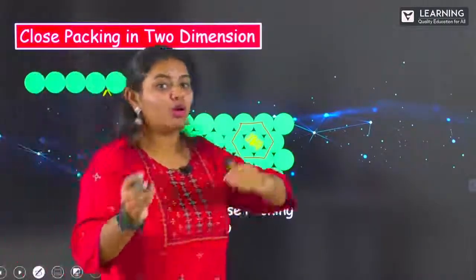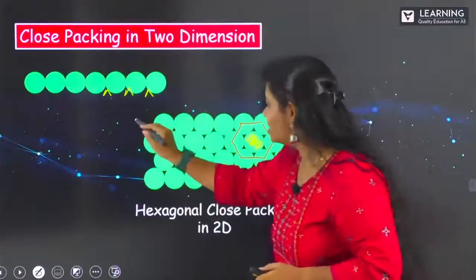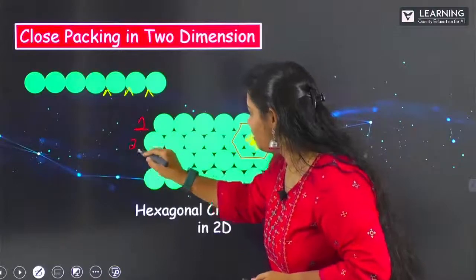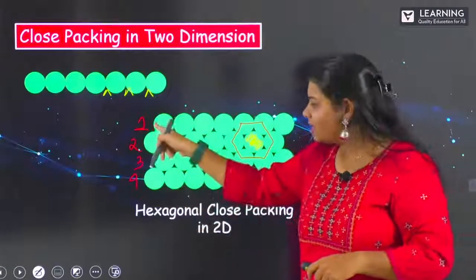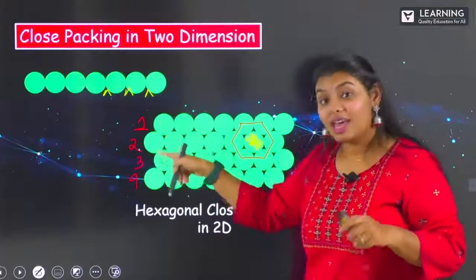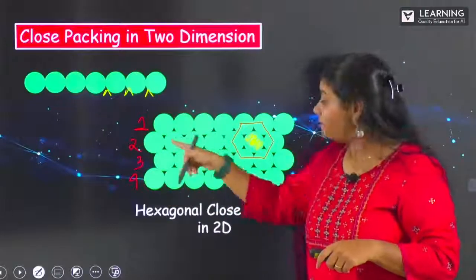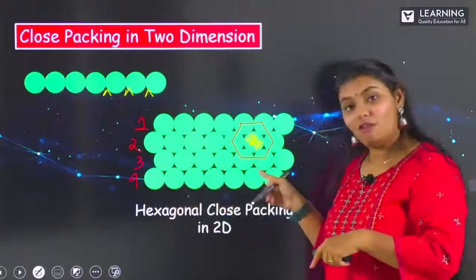Now let's come to the arrangement. As I told you, this would be your first layer, second, third and fourth, right? So how was the arrangement? Is the first layer the same as the second layer? No, but the first layer is the same as the third layer. And the second layer is similar to the fourth layer.